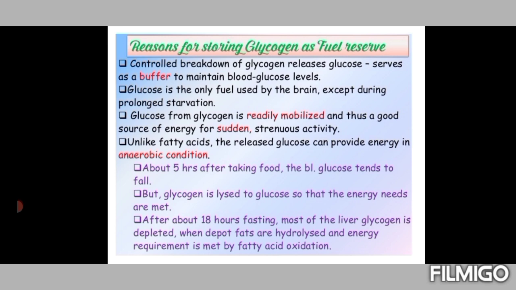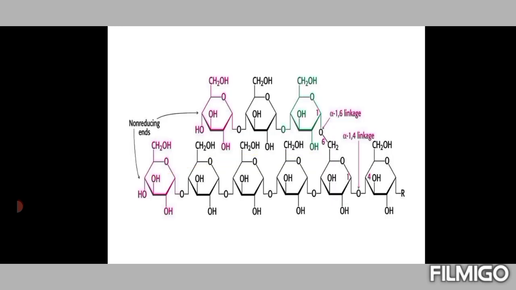And the glycogen reserve can be used up to 18 hours. So that is the advantage of storing glycogen as fuel reserve. And later, when we continue fasting, the body will turn to fats and fatty acids for energy or ATP production.